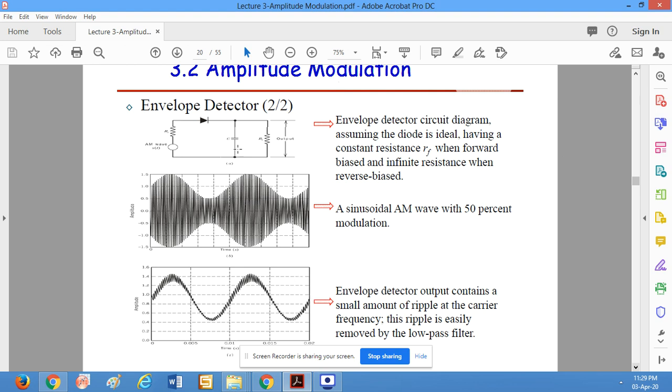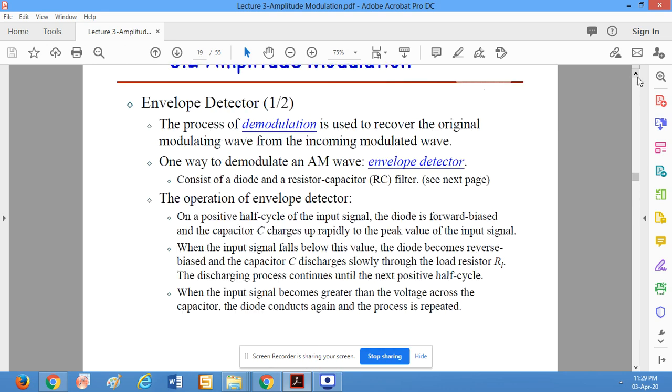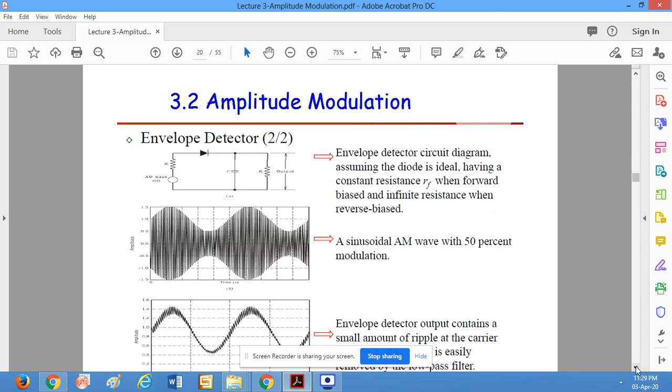Now we move to the circuit diagram over here, which has the ideal diode, and how it will work is defined over here. When we have a positive half cycle of the input signal, the diode will be forward biased, and the capacitor, that is C over here, will be charged to the peak value.